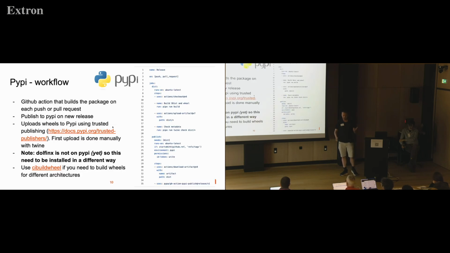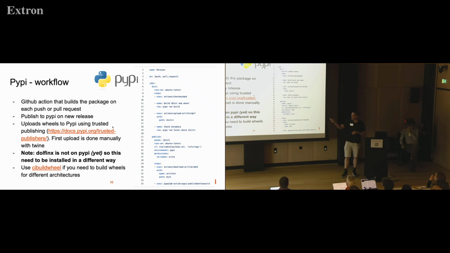For PyPI, in order to distribute your package, we typically add a GitHub action in a .github folder, which is run on every push and pull request to the repository. Then we have set it up so that whenever there is a new tag or release pushed to the repository, it will upload the wheels to PyPI automatically, which can be set up with something called Trusted Publisher.